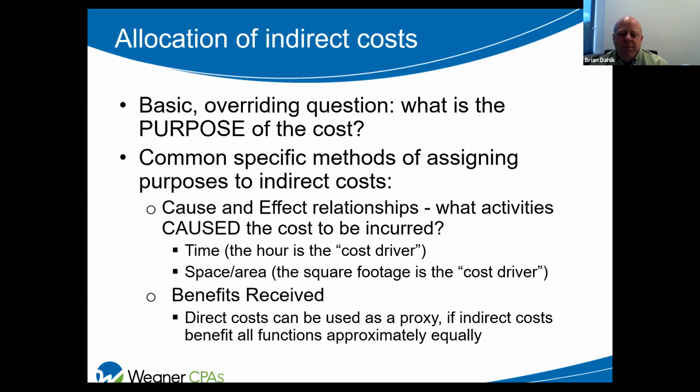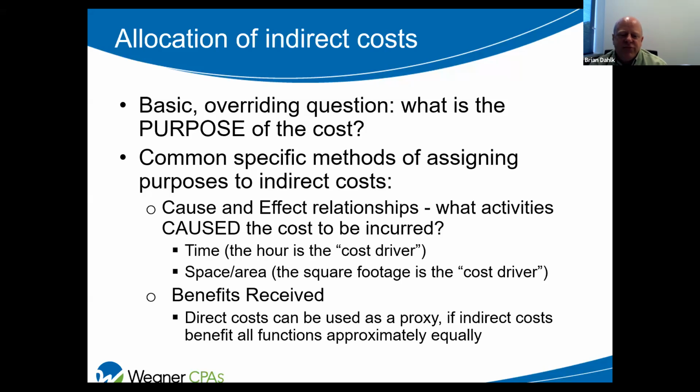How much time do we estimate staff are spending on particular functions? That's also known as the cost driver. So we can estimate the amount of time that is spent on various functions and allocate certain indirect costs that way. Obviously, the most appropriate indirect costs to allocate based on time would be personnel costs that need to be allocated.